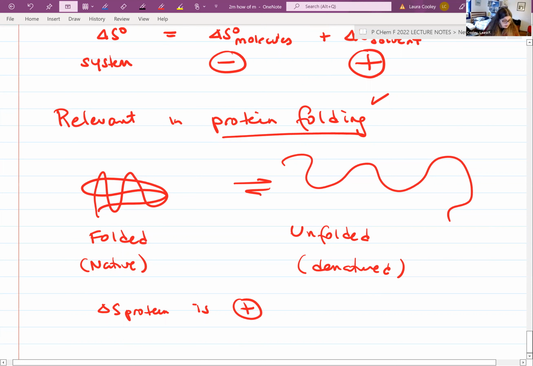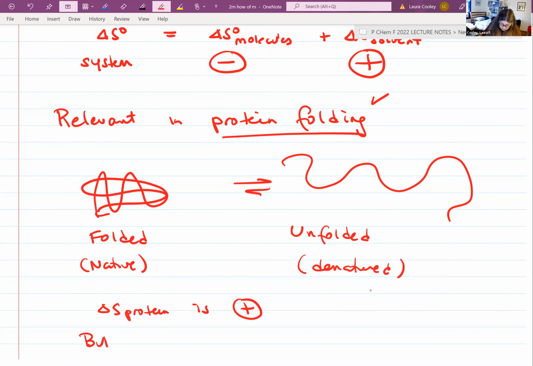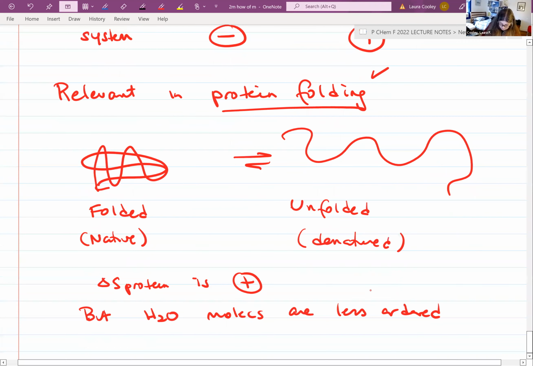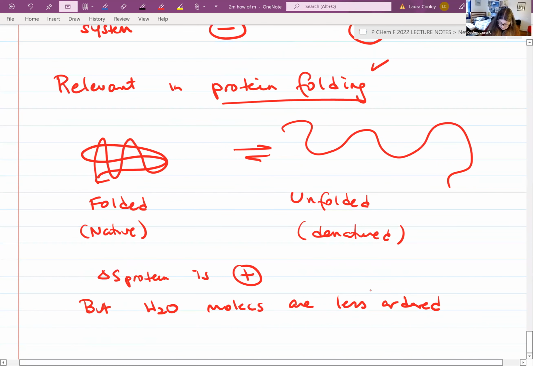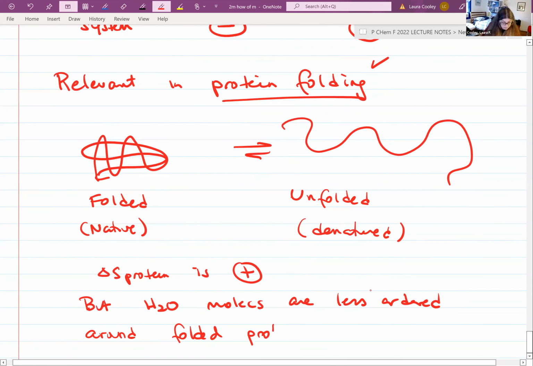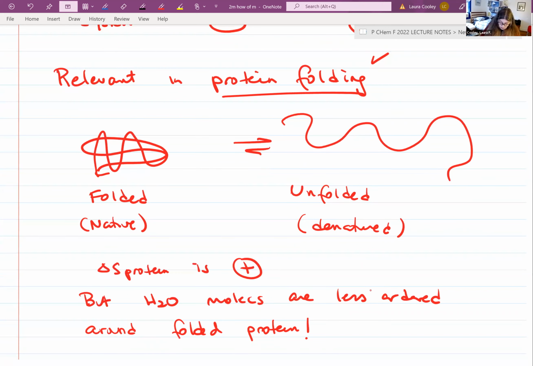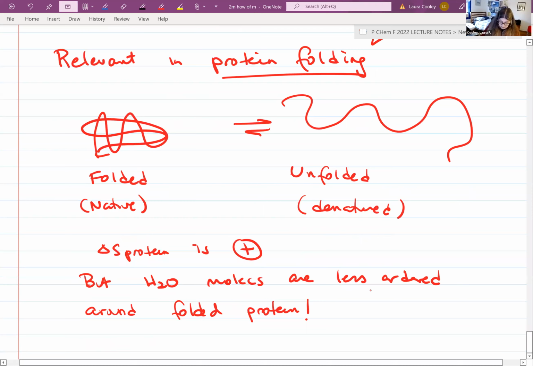But the water molecules are less ordered around the folded protein, so delta S for water is negative.